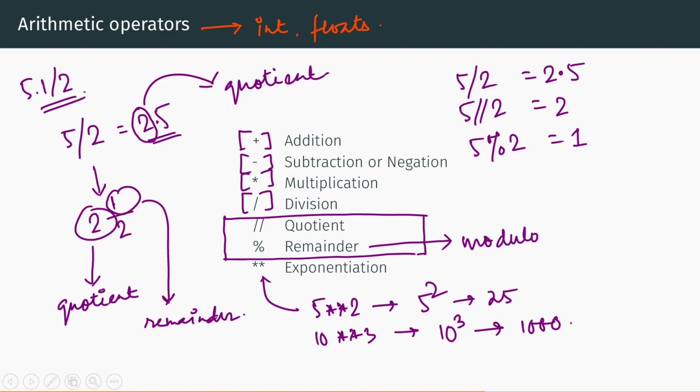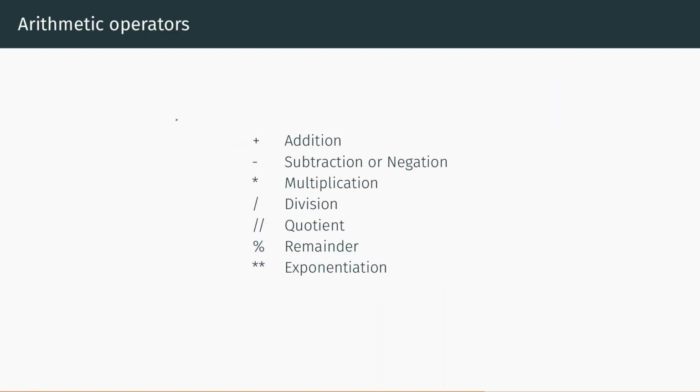The other thing is, in the examples that I've shown here, I've only used literals, but you can absolutely use variables as well. So instead of 5 divided by 2, you could also have said a divided by 2, provided that the variable a exists. It must exist before you do that, otherwise Python will complain. So Python must have a way to know what the value of this variable a is, right?